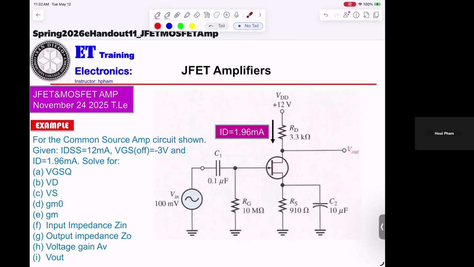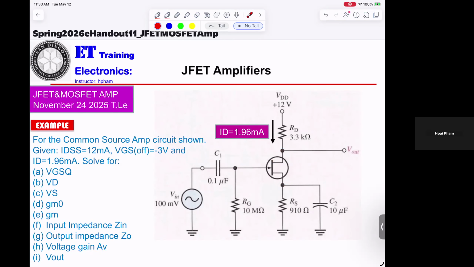the DC bias. Okay, so we're looking into the circuitry here. This is the gate. This is, let's see, the source, and this is the drain.